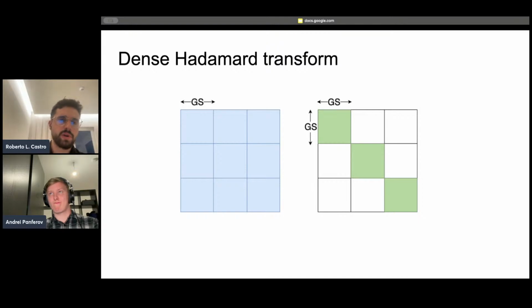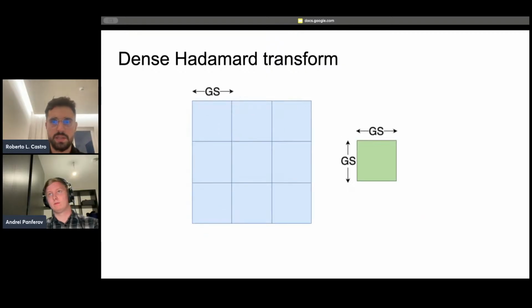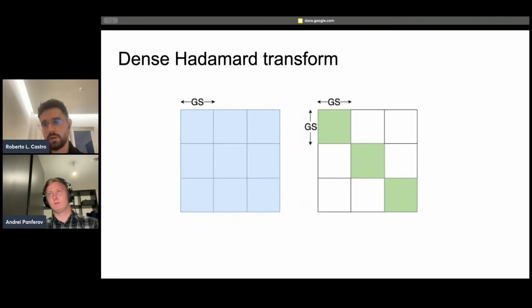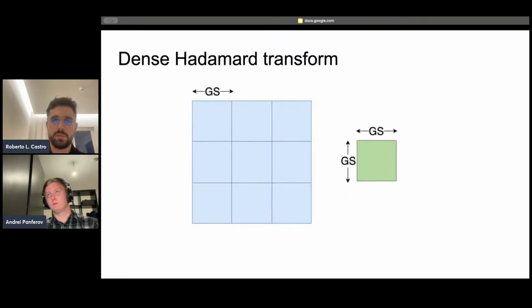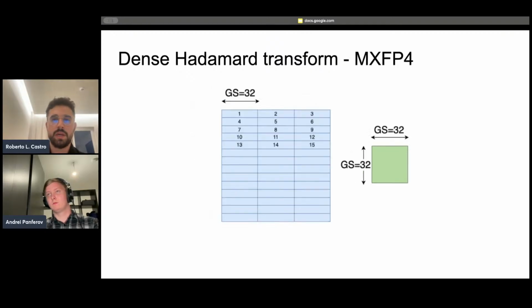When we refer to this dense Hadamard transform, what we actually have is this kind of block diagonal matrix for a specific group size. If all these blocks in the diagonal are basically the same, we can transform this previous problem to this one. And since we are focusing on MXFP4, we can just define this Hadamard size of 32.